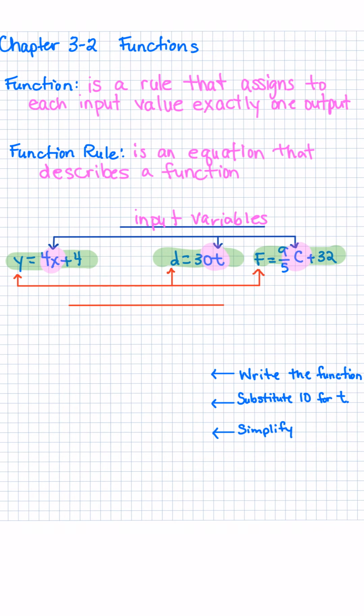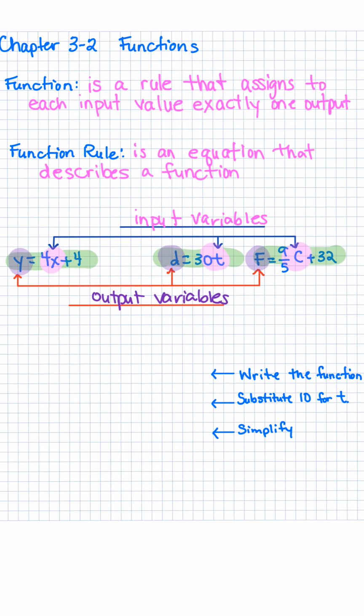Okay, and then the result of those are the output variables, and the result ones are going to be the y, the d, and the f, and those are output variables. Okay, so let's just take a look.